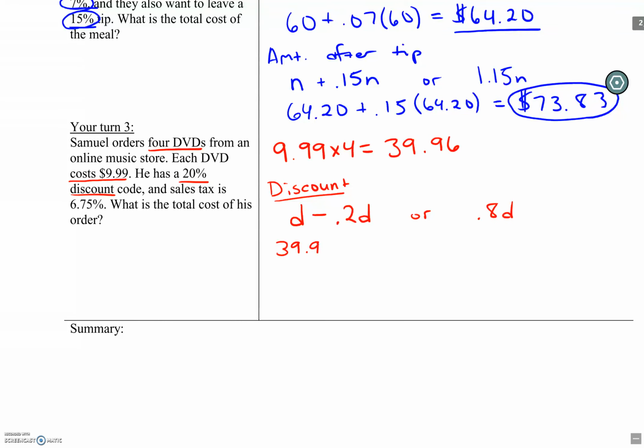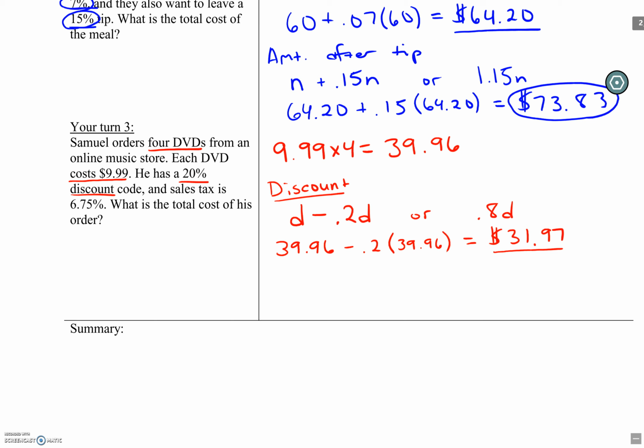So $39.96 minus 20% of $39.96 gives us $31, and if we round to the nearest cent, 97 cents. You get 31.968 in your calculator, just round that to the nearest cent.